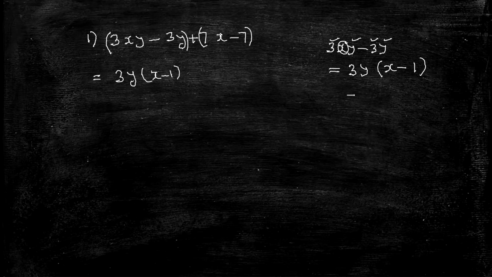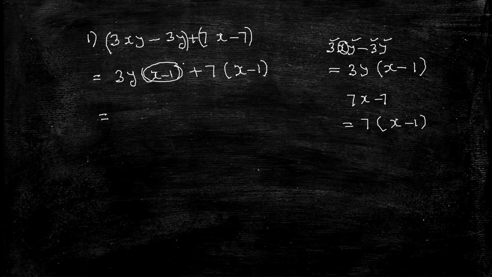Now the rest is 7x minus 7. Here I will take 7 as the common factor, and then again I am left with x minus 1. So the same plus sign, I retain it here, and now 7x minus 7 has been factorized as 7 into x minus 1. Now we again see that this term x minus 1 here and x minus 1 here is a common factor in these two terms now.